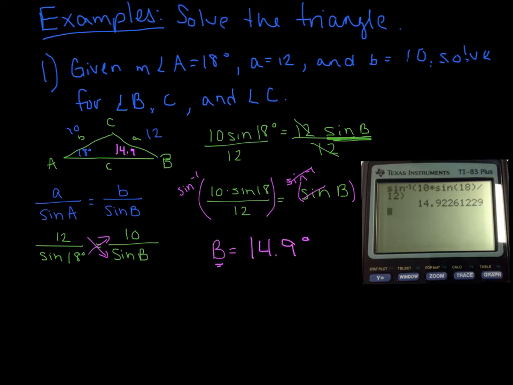If I know A and B, I can find angle C, because I know there's 180 degrees in a triangle. So if I have 180 minus 18 minus 14.9, I'm going to get angle C is 147.1.